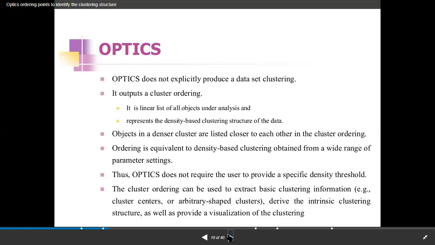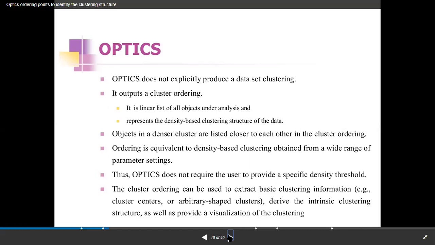OPTICS does not explicitly produce a dataset clustering. It outputs a cluster ordering. It is a linear list of objects under analysis and represents the density-based clustering structure of the data. The objects in denser clusters are listed closer to each other in the cluster ordering. Ordering is equivalent to density-based clustering obtained from a wide range of parameter settings.